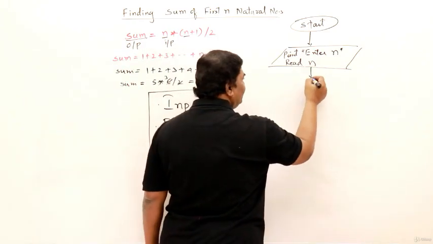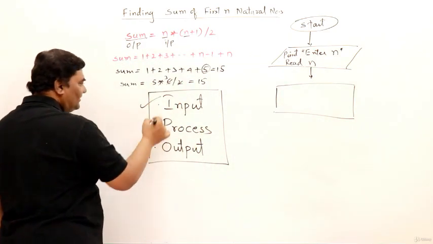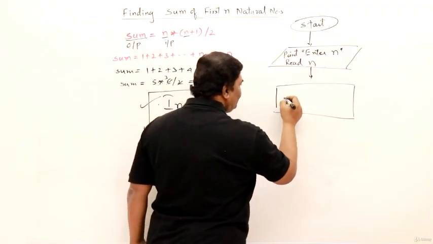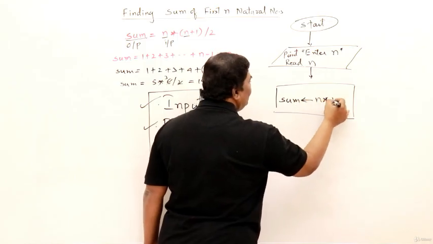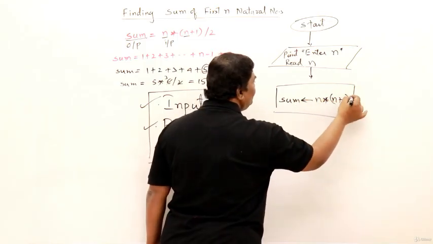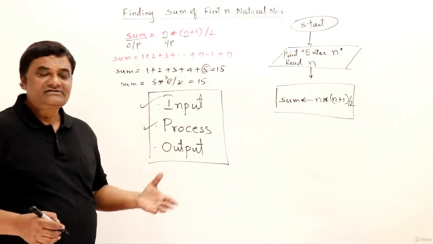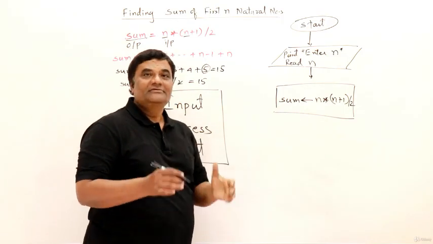The next step is process. So the second step is process. This input is over. Next is process. So what is the processing? Calculating sum. How to calculate sum? Sum is assigned n into n plus 1 by 2. This is processing. The next step is output. So we have the result. Where is the result? In the variable sum. So print that.